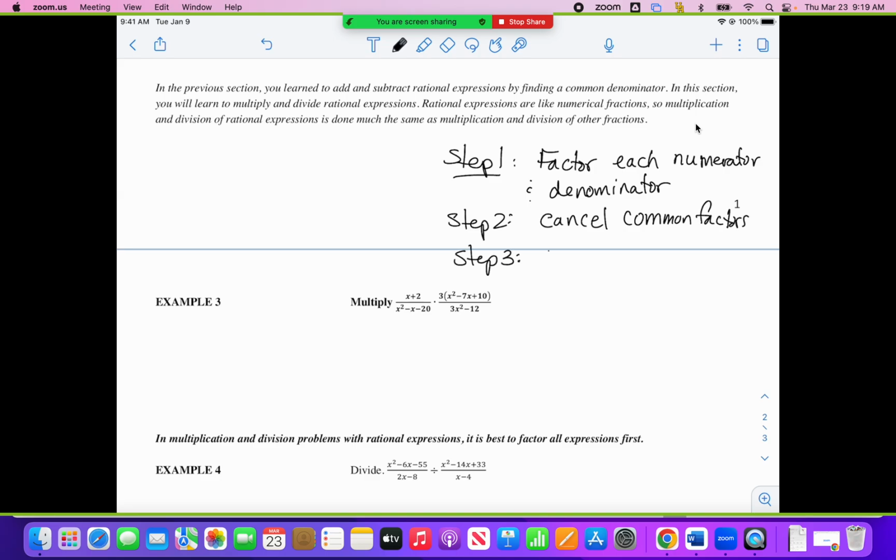And step 3, multiply what's left. So the steps are different, okay?